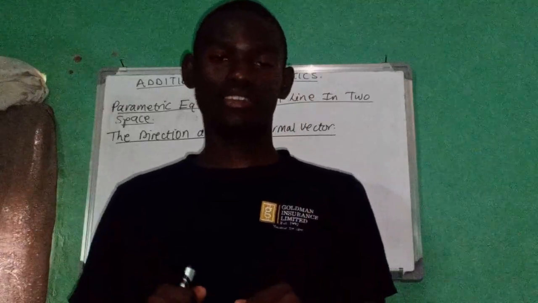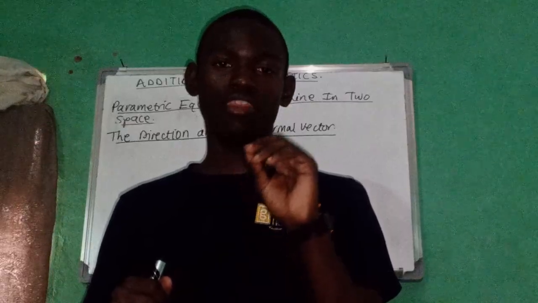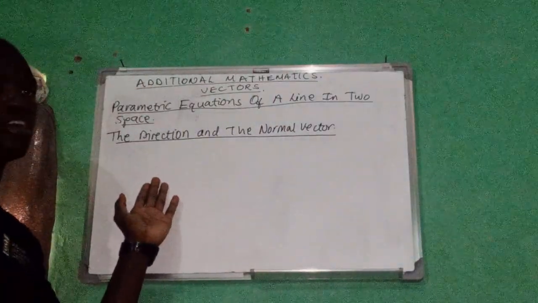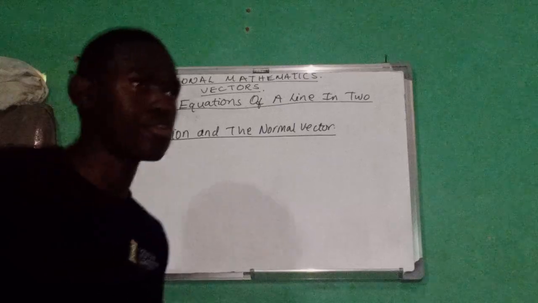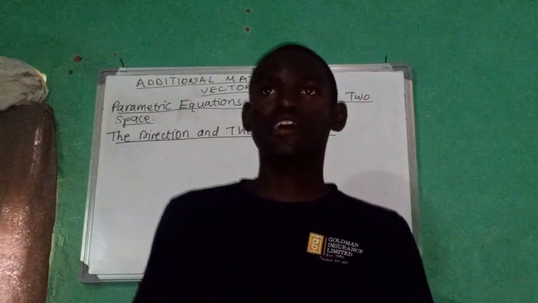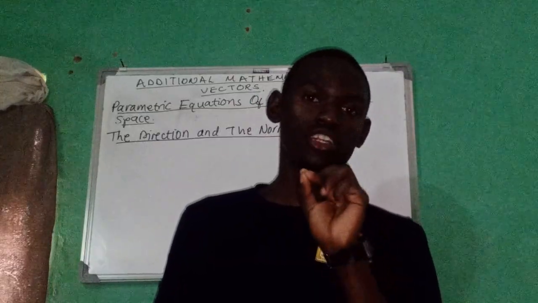Now we are looking at the normal vector and the direction vector right here. So if we go back to our calculus, you can be asked to find the equation of a tangent line.